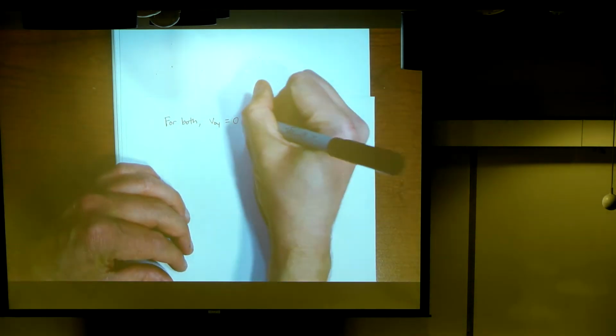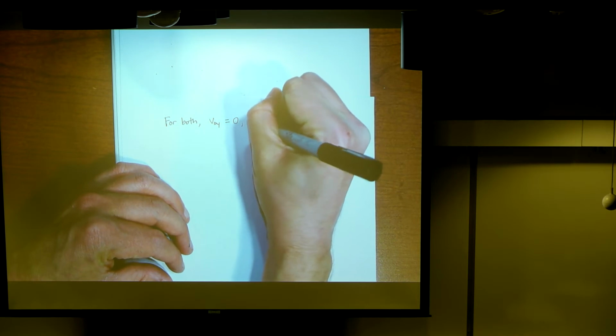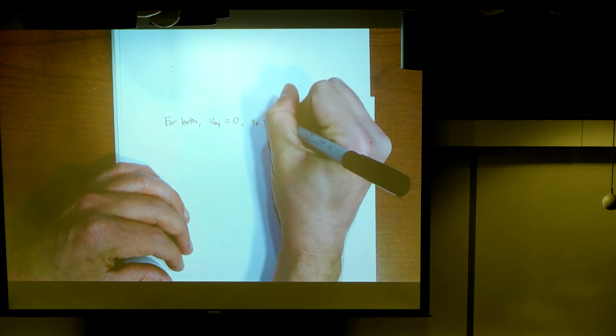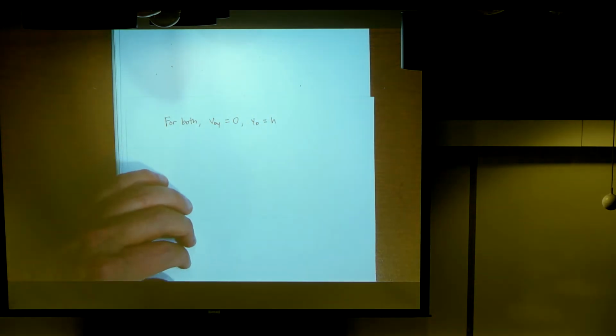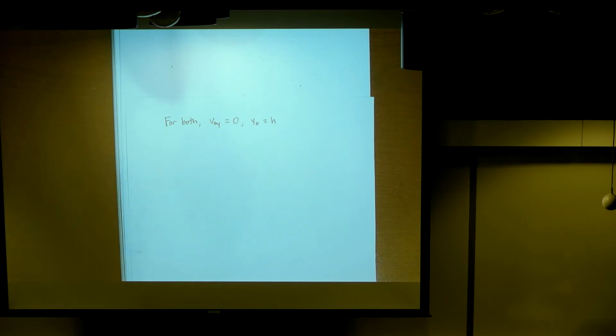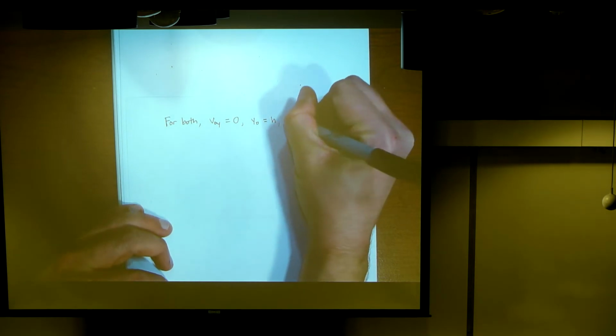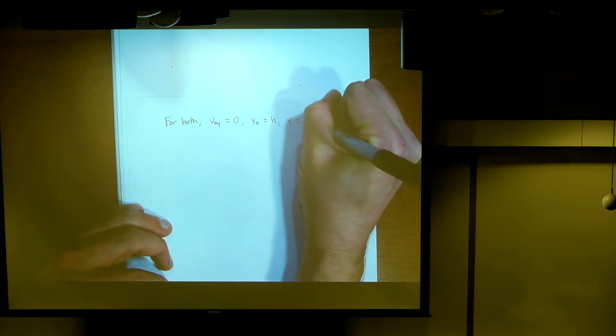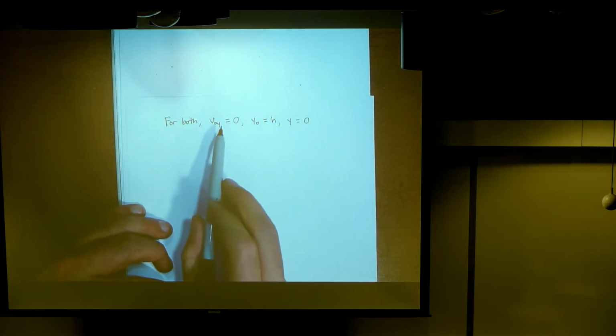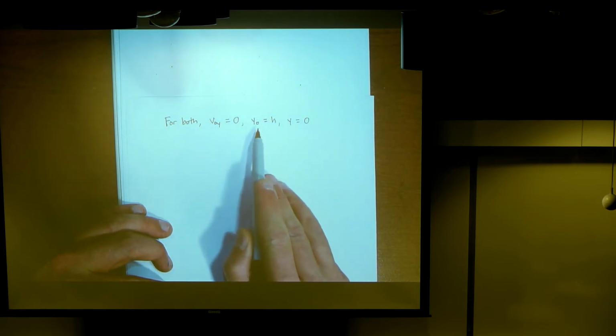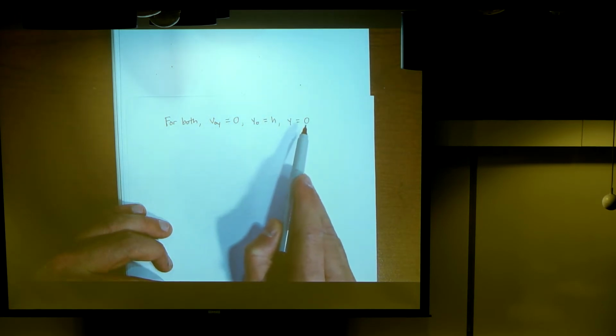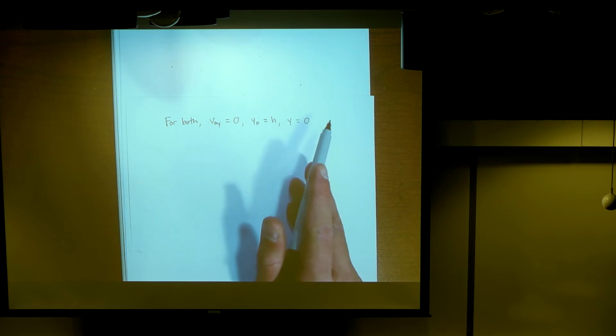And also for both, there's some kind of initial height, which I'll just call h. So h is just whatever the height of that building is. Okay? And then they both hit the ground, so they both reach the same final height. So for both of them, we start off with no y velocity at some height h, and then end up at some height 0. So that's the same for both.